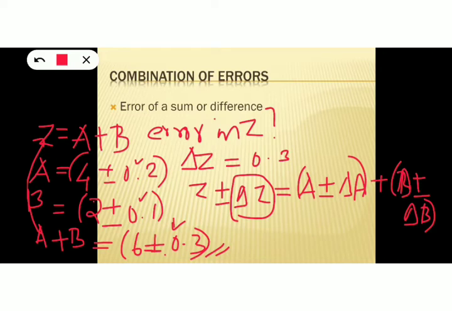The error in Z is 0.3, because Z is obtained by adding A and B, and the error in the sum is 0.3. So delta Z is 0.3.